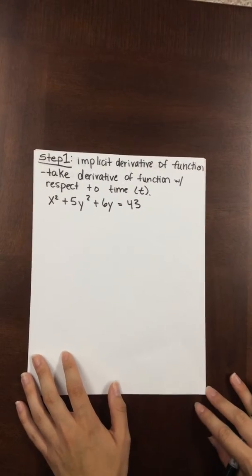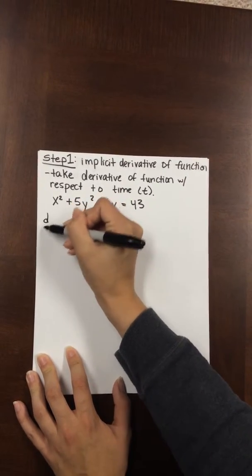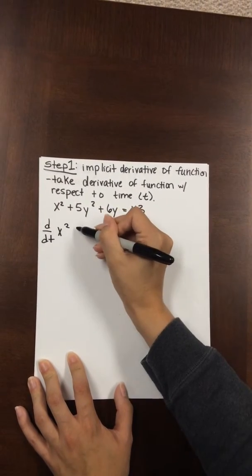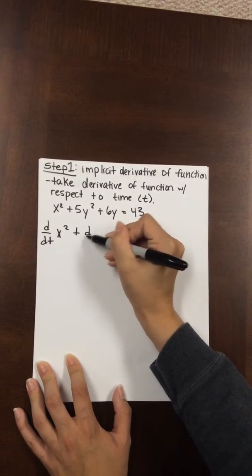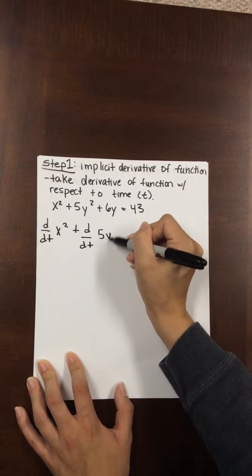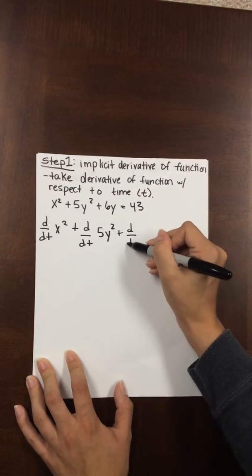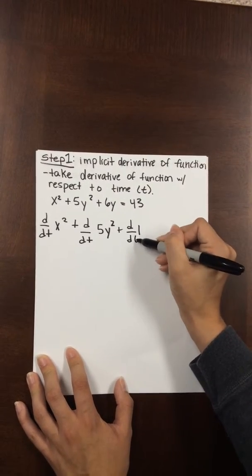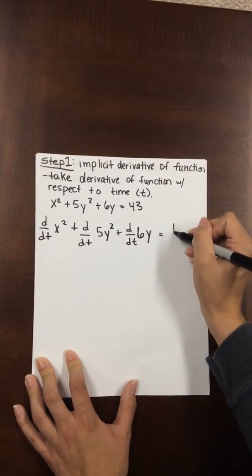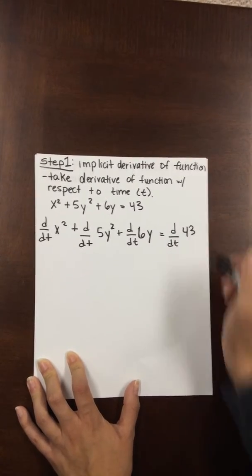So to take the derivative, we start with this: the derivative with respect to time of x squared, plus d/dt of 5y squared, plus d/dt of 6y, equal to the derivative with respect to time of 43.